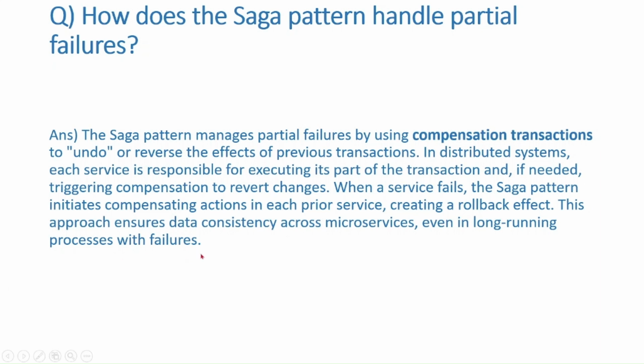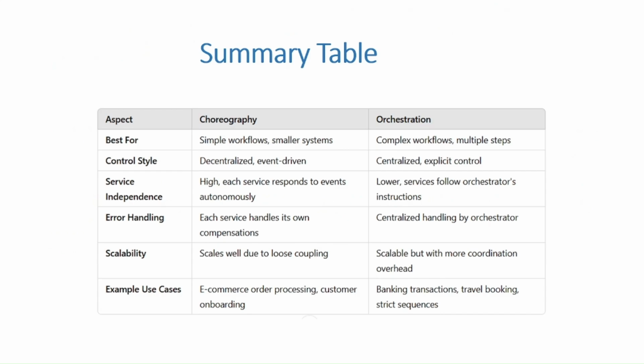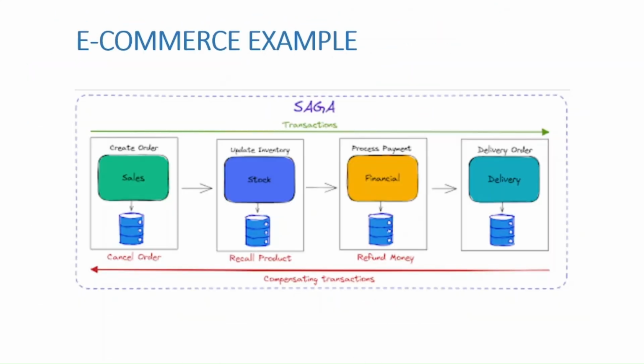So in simple terms, each microservice, let's go to the diagram. Yes. So in this example, each microservice should have two processes or methods, one for a success event and one for a failure event.